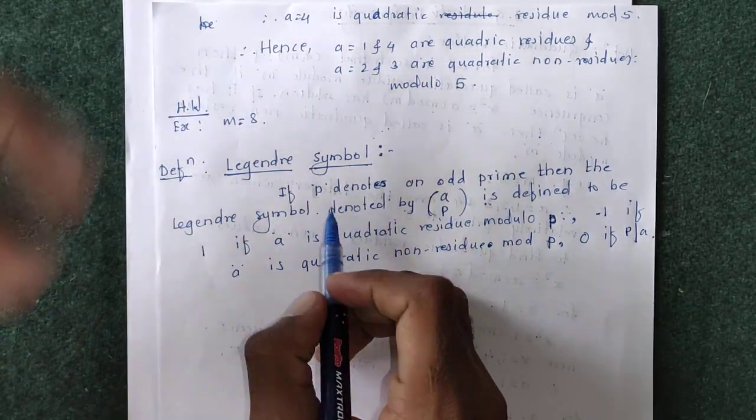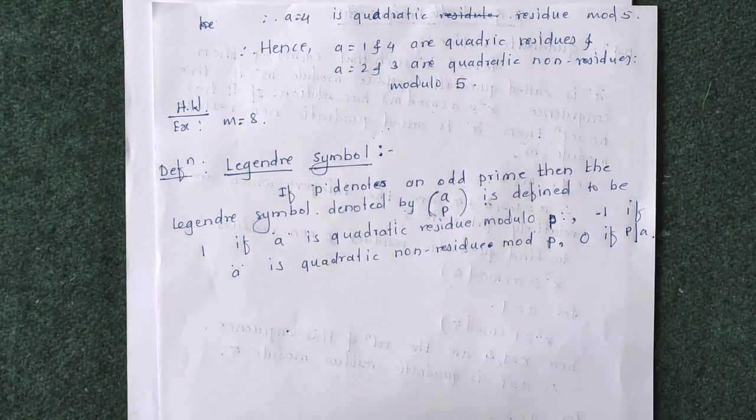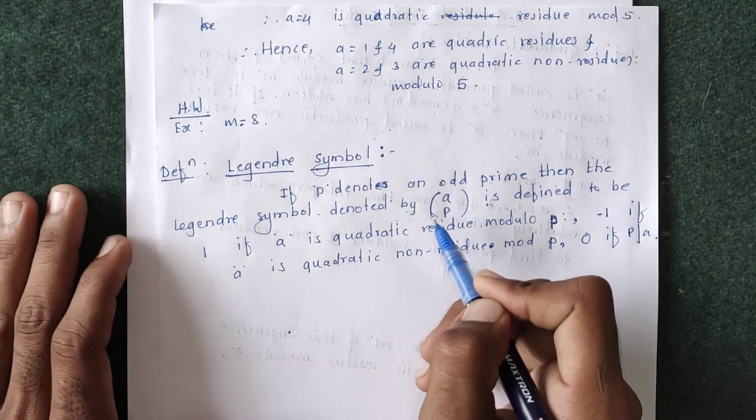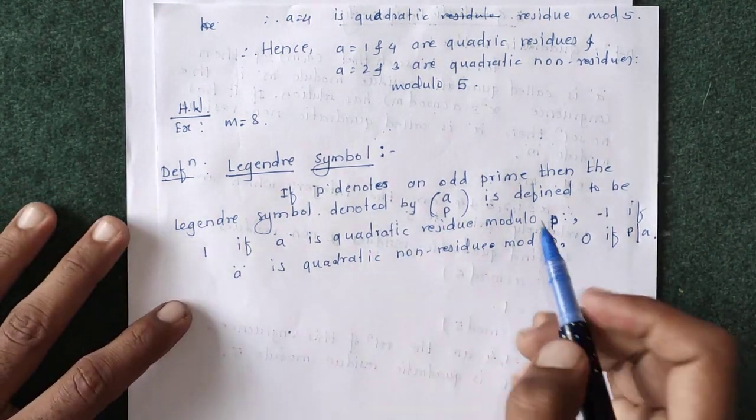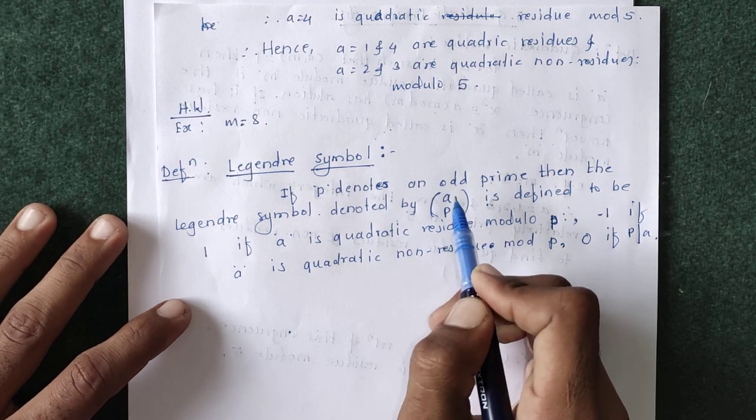So the Legendre symbol is defined to be 1, minus 1 or 0 depending on whether that congruence x square is congruent to a mod p has a solution or not, that is, whether a is a quadratic residue, a non-residue, or p divides a.